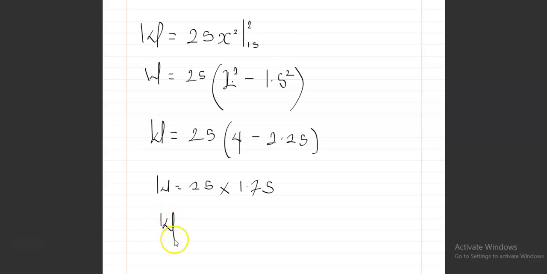Now W, which is our work done, will be equal to 43.75. We can express it in joules, so 43.75 joules.